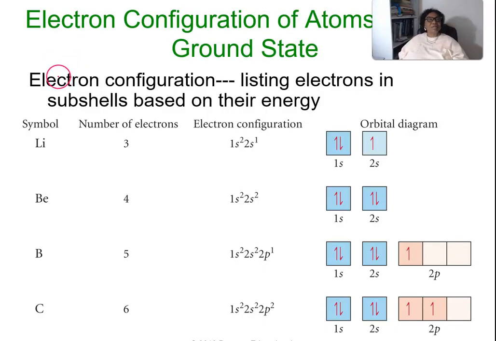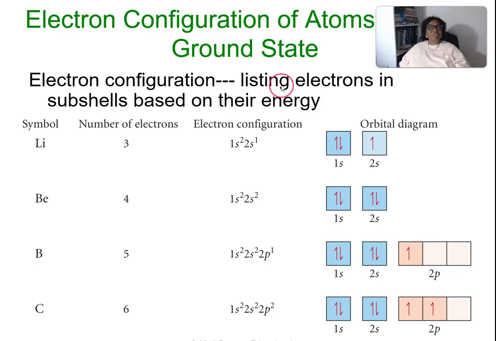So let's look at electron configuration of atoms in their ground states. Let's look at some examples. I'll look at how their orbital diagrams are drawn. Electron configuration of atoms in the ground state and their orbital diagrams.